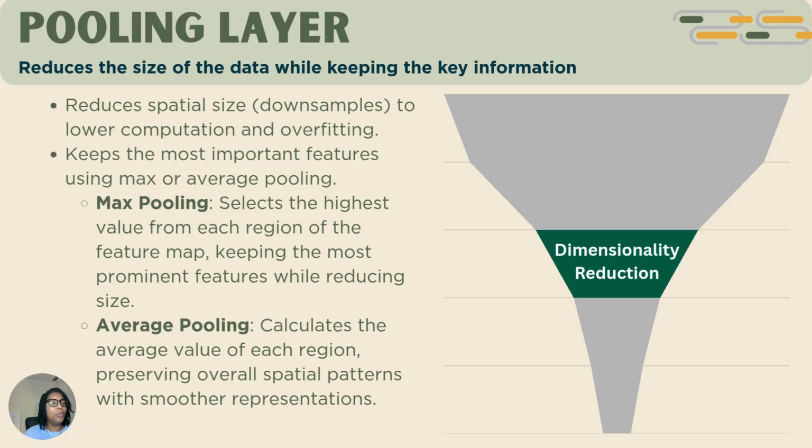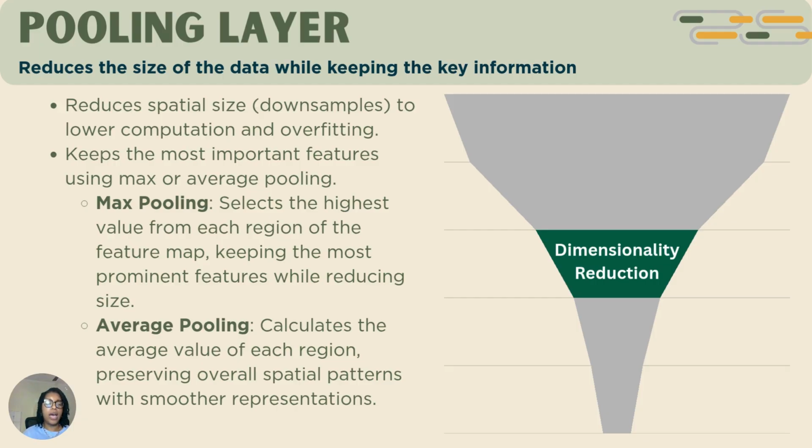Again, remember that feature map formula that we used? That feature map score is within a matrix, and max pooling will take the maximum value out of that matrix, whereas average pooling will average the scores around a particular area.